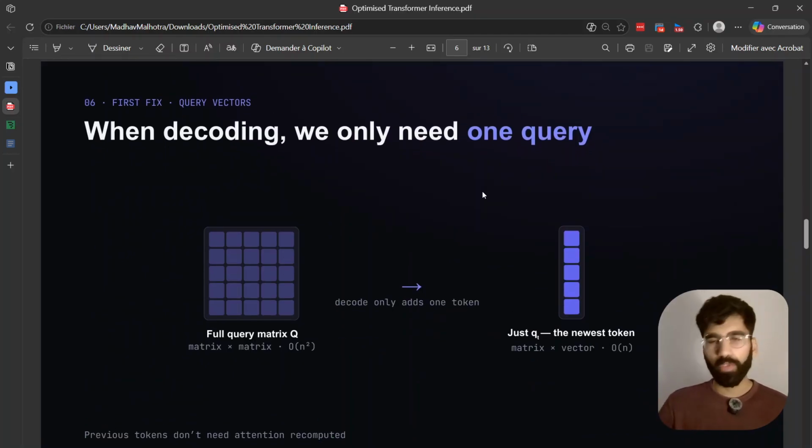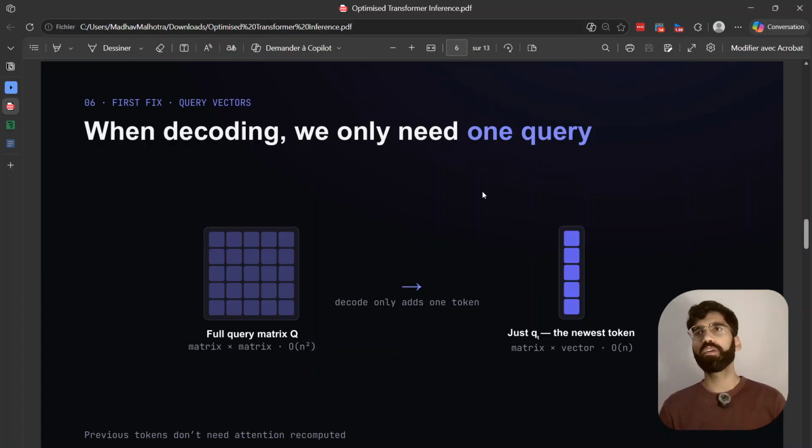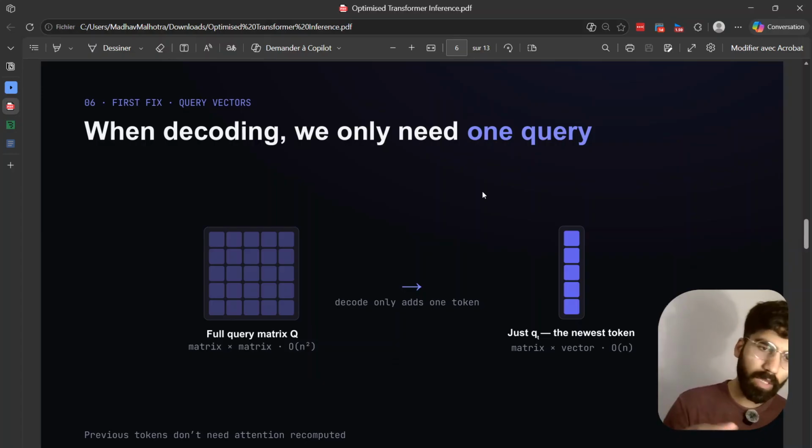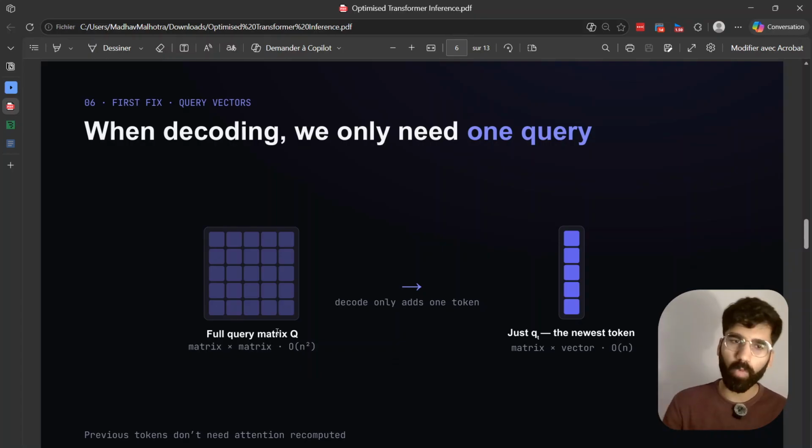The first fix to think about when it comes to the inference side is that the queries are the things that we want to figure out. Okay, I am currently in the process of outputting 1 token. Which other past tokens is this related to? If you think about that, unlike training, we don't have many tokens that we need to compute attention across all at once.